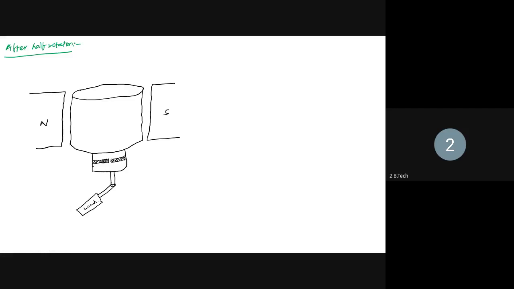So in between there will be some mica insulation. And the conductors here it will be CD now. And here it will be AB.